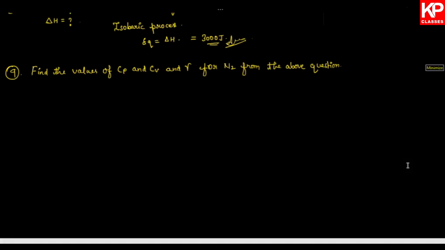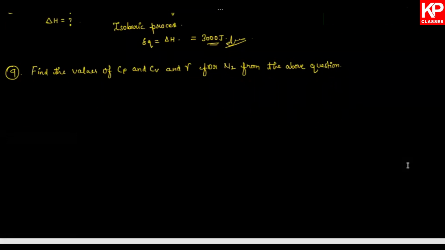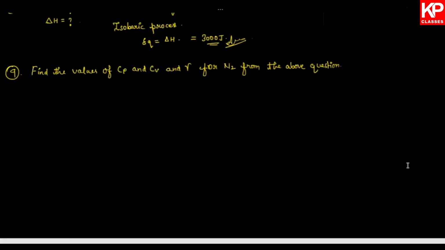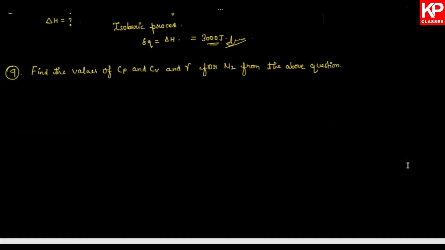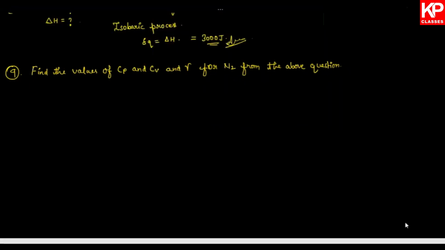Why is everyone getting different values, though they are getting the same ratios? You should be getting the same value, right? Okay, I'm solving it out. Please see.